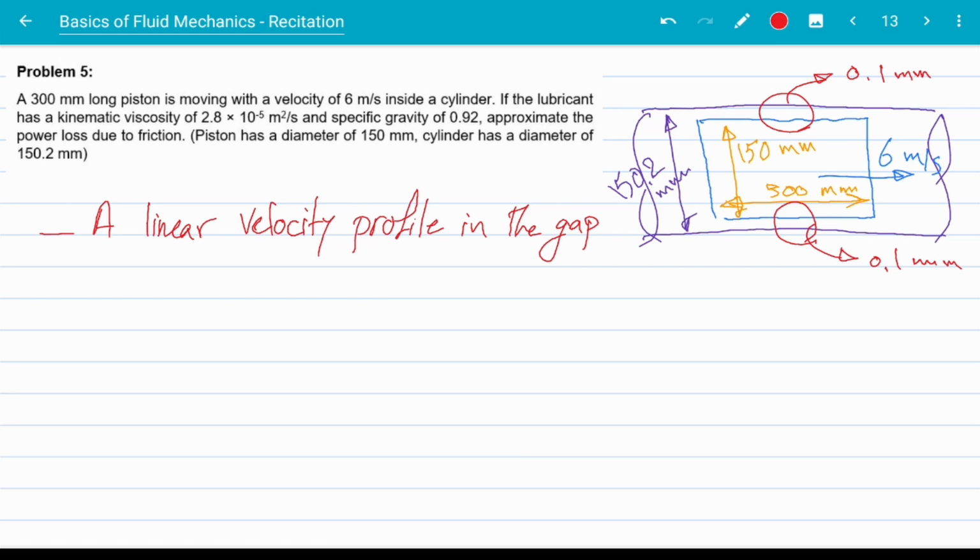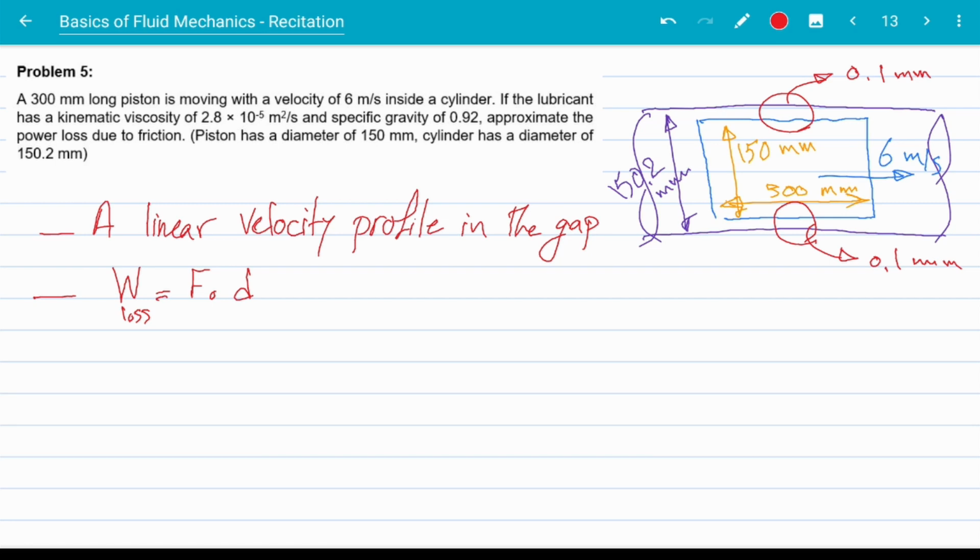Now, second thing is the definition of power loss. We know that the classic definition of work is force times the distance that the object moves. Of course, here it is the work loss due to friction. I can put a loss here, and that would be F, the friction force, times the distance that the object moves.